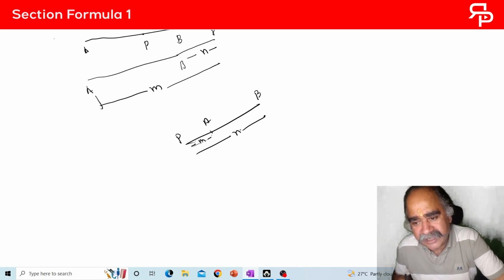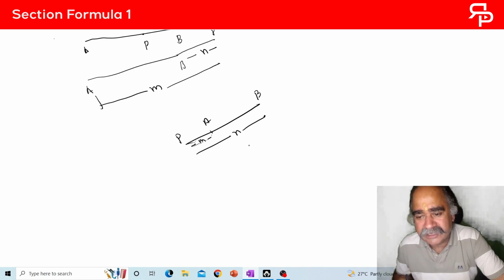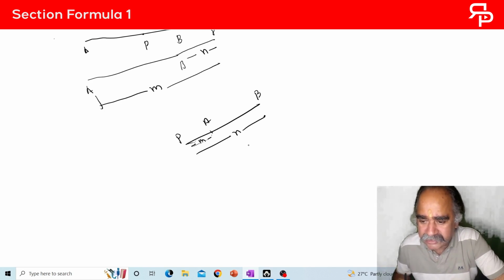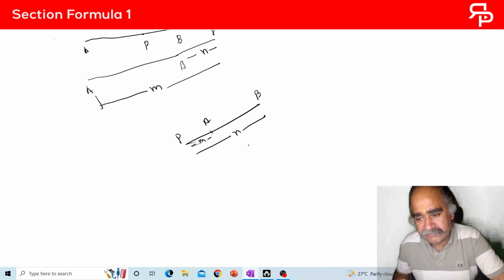Most of the times when I ask students what is the ratio in which a point divides segment AB, they say M is to N. If suppose in the problem it is given P is to Q, then your answer is always fixed, that is M is to N, which is wrong. So ratio is what? First point of the segment to the point which divides, upon the point which divides to the second point of the segment.